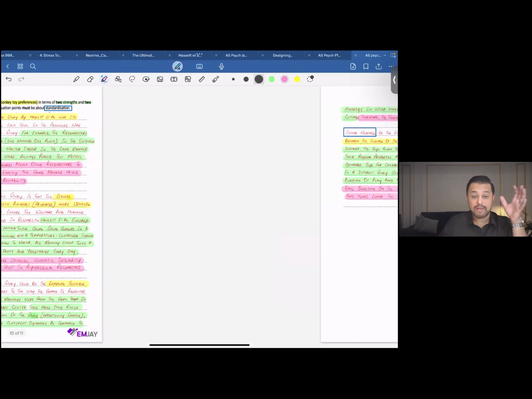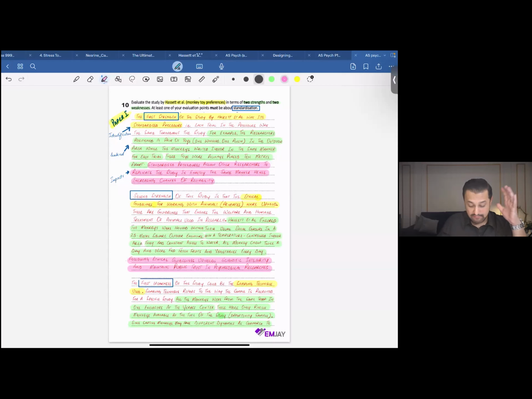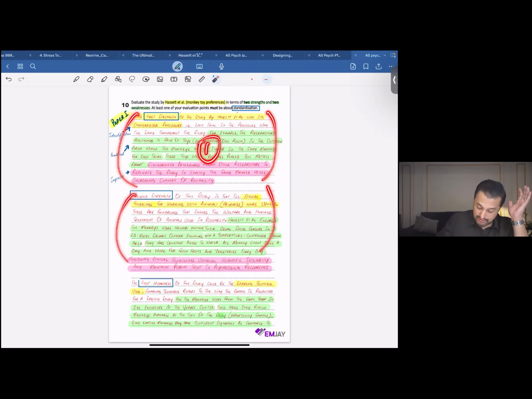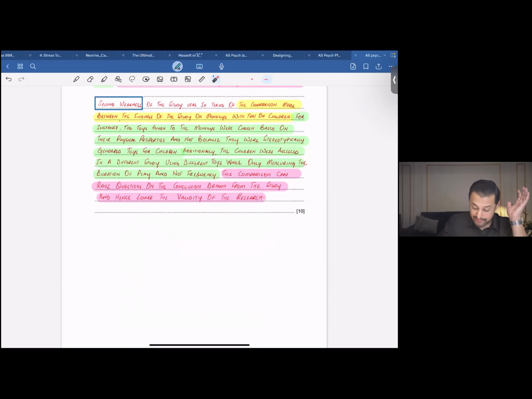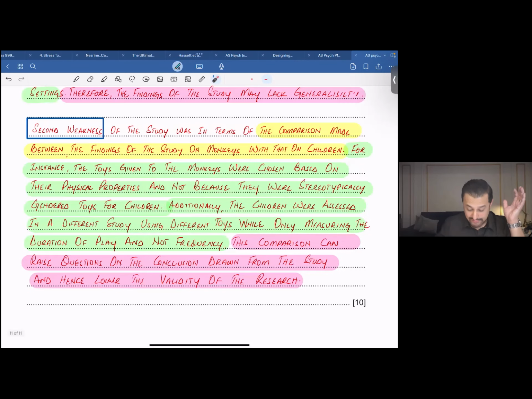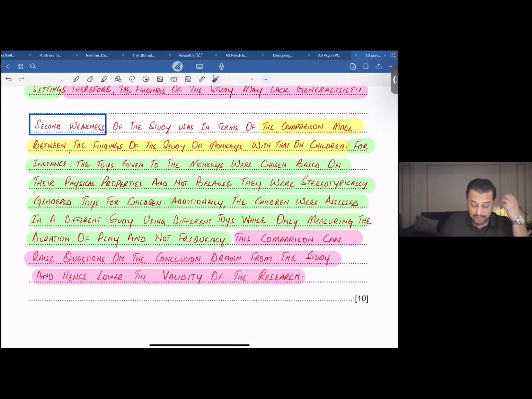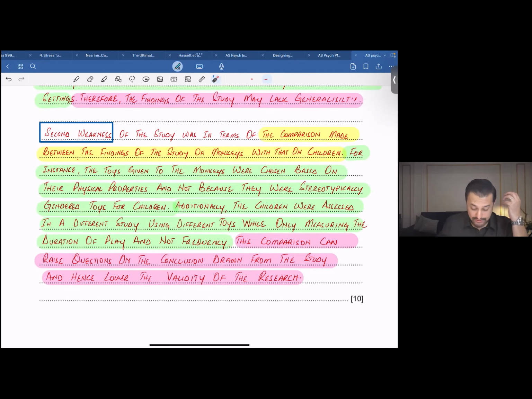Now, do you see the same procedure? I mean, the same format has been used over here. Just have a look at this. The first strength, the second strength, the first weakness, the second weakness, right? And I'm still left with a single line over here, right? So I hope this has been helpful. Practice accordingly.